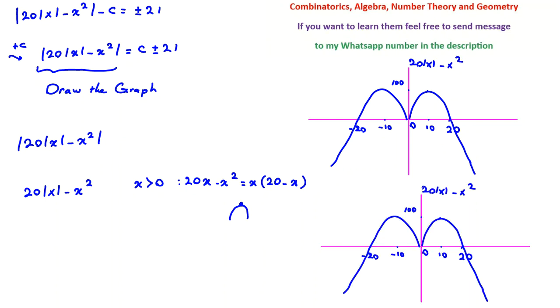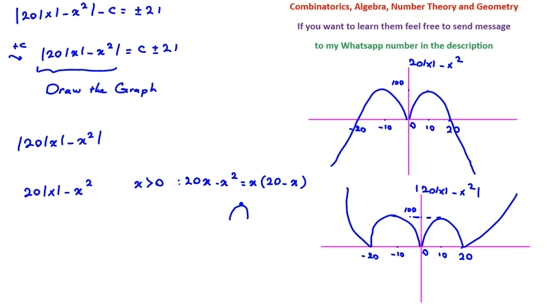Okay, now let me draw the absolute value. Because it is absolute value, this part should be positive, and also this part. So let me draw. Here we should have something like this. Let me draw it a bit better. And this part should be positive. This part should be positive.